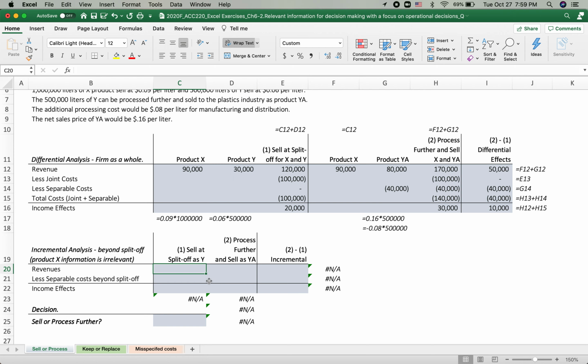So I'm going to just collect this Y information only. So we don't have a separable cost. We do not include also the joint cost in the incremental analysis. Why? Because the joint cost is the cost before the split up point, at the split up point. So it doesn't affect in the separable cost, right?